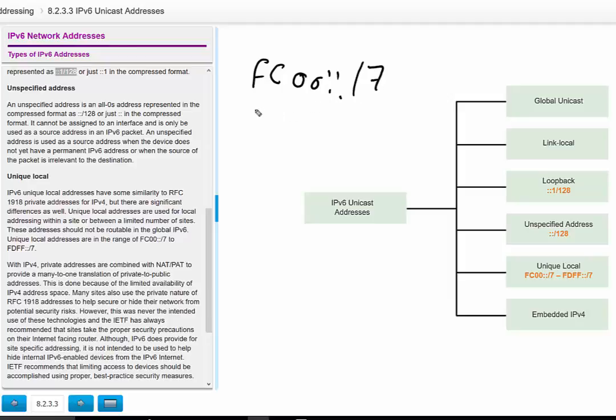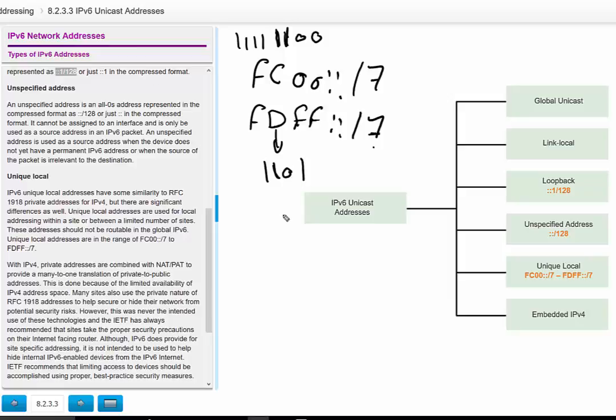And the range of unique local IP address is FC00::/7 and FD all the way to FDFF/7, which means that you have a range of network. Again, C here is 1100, and F here is 1111, or D, which is 1101.